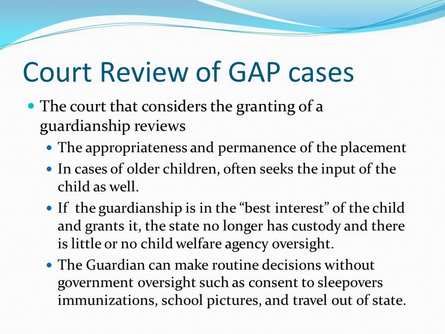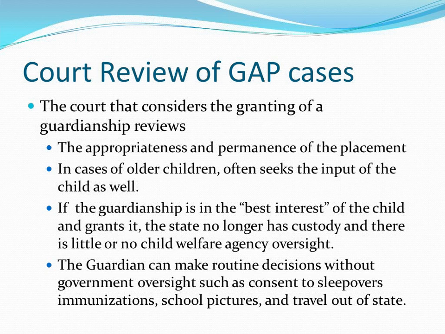What does the court do in the cases of the guardianship assistance program? The first thing they look at is whether the placement in your home is appropriate, and as a guardian, it appears that it will be permanent into their adulthood. The court might also ask the older child for their input.